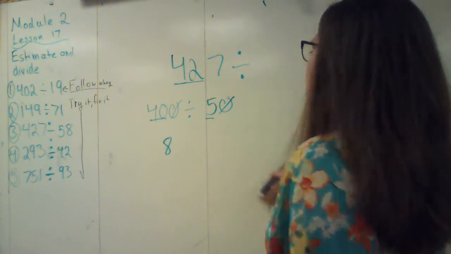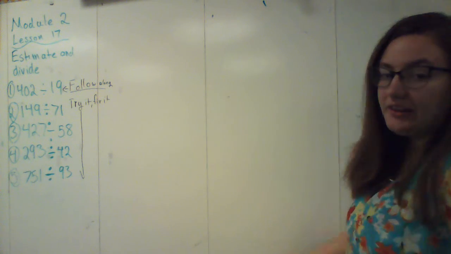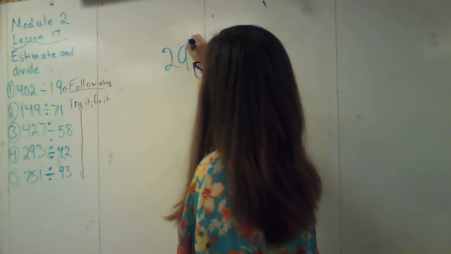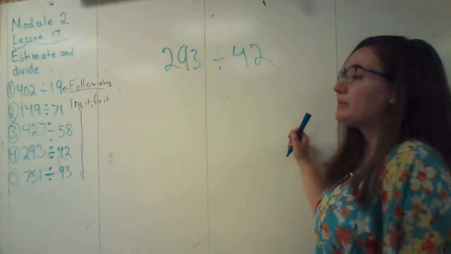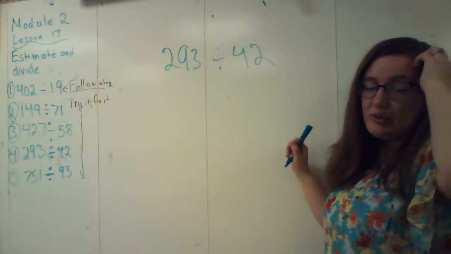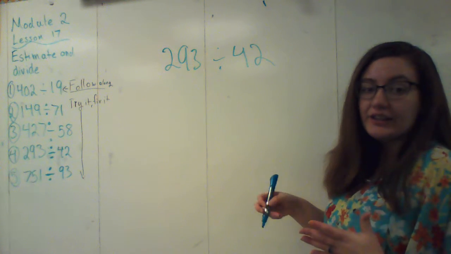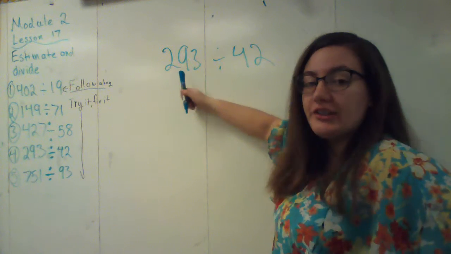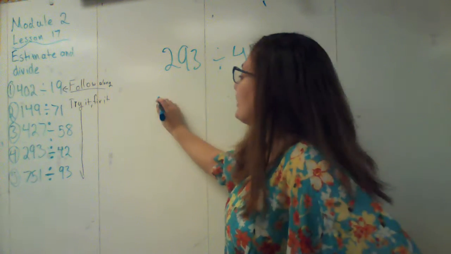Now let's take a look at the next problem, which is 293 divided by 42. Now again, this problem might look kind of confusing because you have to think about where could I possibly round these numbers? What are my factors? So when I look at this, I think, okay, I could round 293 up to 300.